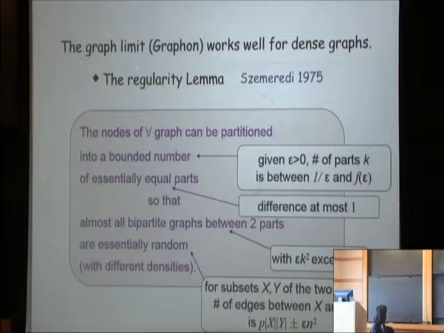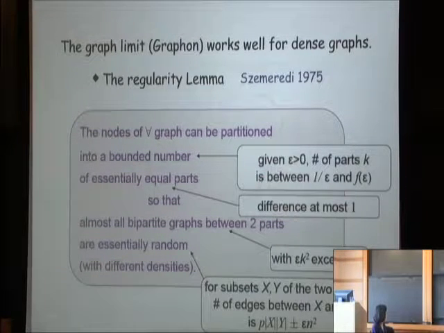So there is this work on so-called graphons, where you can use the regularity lemma: you can take any graph and partition it into a finite number of parts, so that whatever is between two parts you can approximate by random with very good approximation.